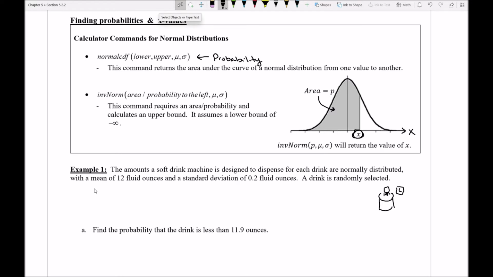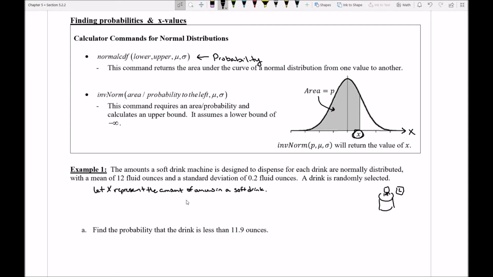In this case I could say, let x represent the amount of ounces in a soft drink. Like, I don't know how much liquid is actually going to end up in the cup. That's what's in question right now.